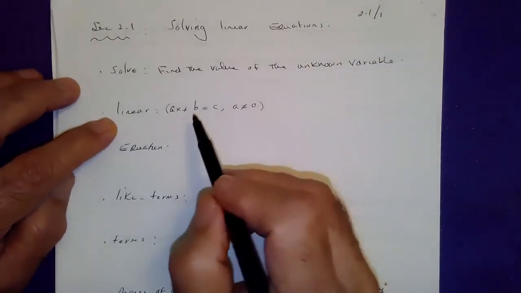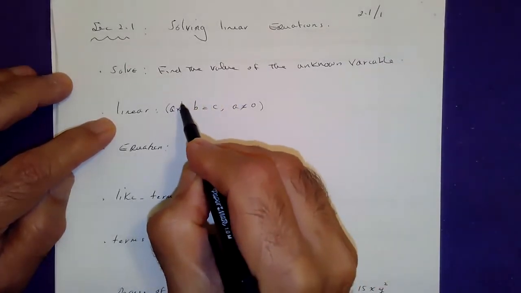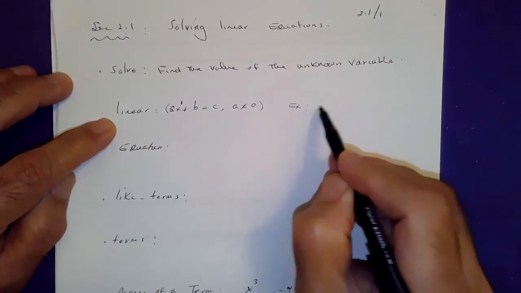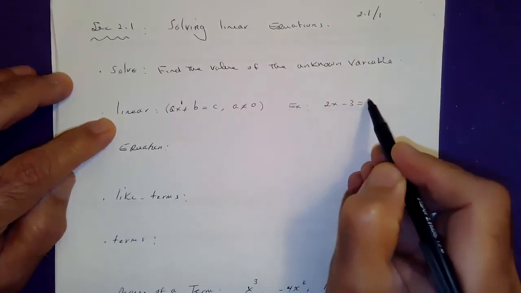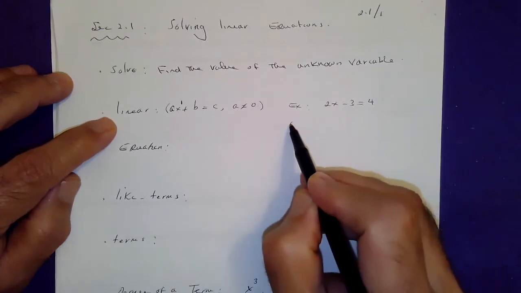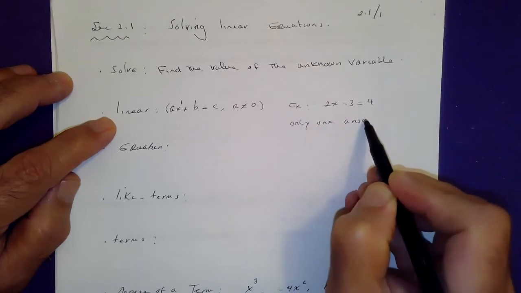Linear means equations which happen to be in this form, meaning the power of the x has to be 1. For example, 2x minus 3 equals 4 is a linear equation. What's so good about linear equations? They only have one answer.